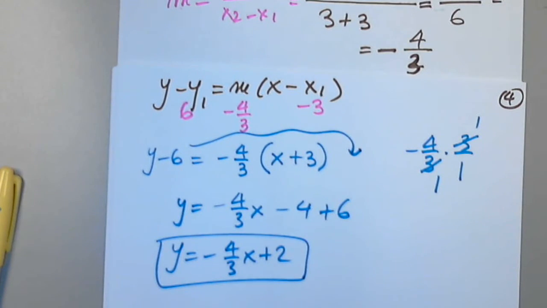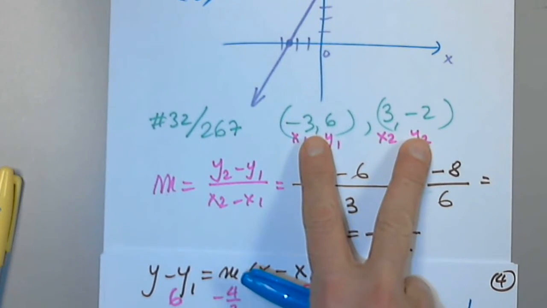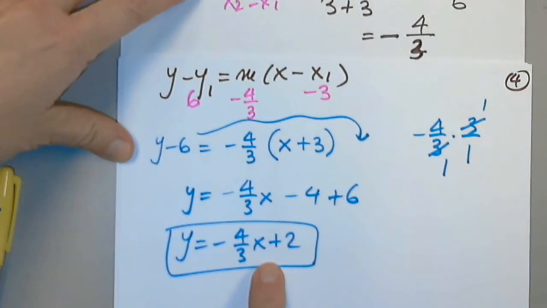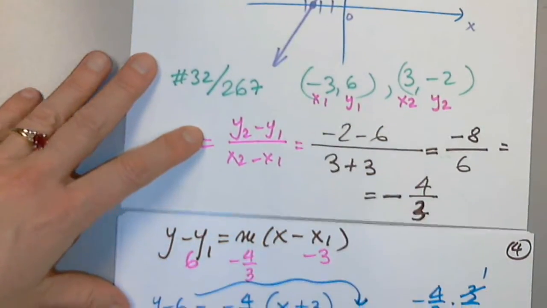So the question is, what does this represent? It's the equation of the line passing through the given points, two ordered pairs, correct? Yes, this is the equation of the line and no other equation passes through these 2 points.